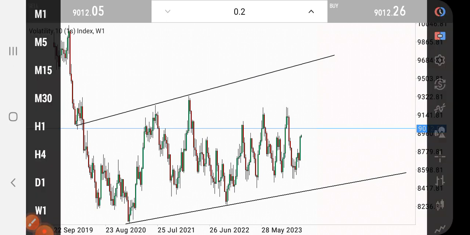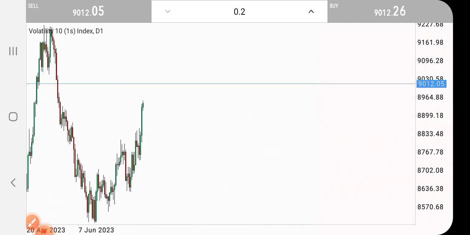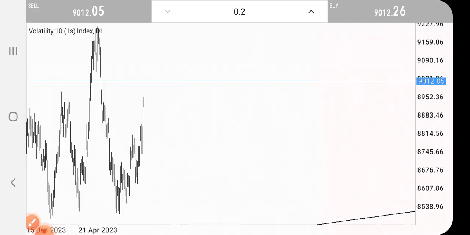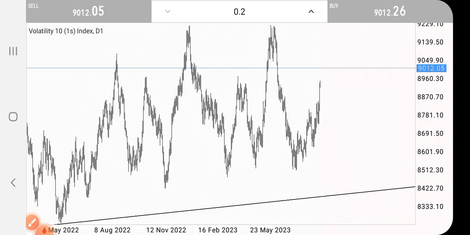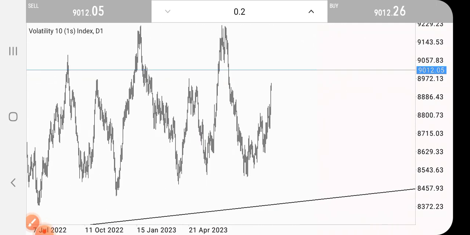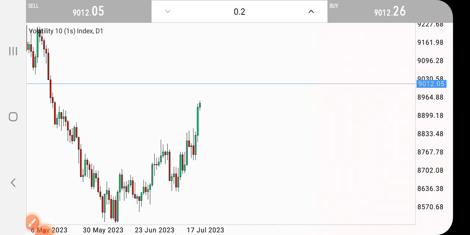Then you come back to lower time frames like daily. You move to the daily time frame. In the daily time frame, you can see that we have this area here, and this area here.